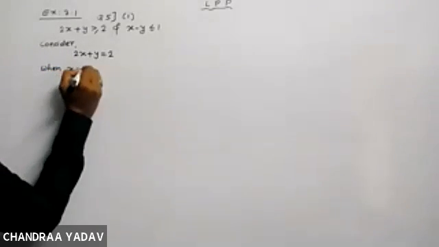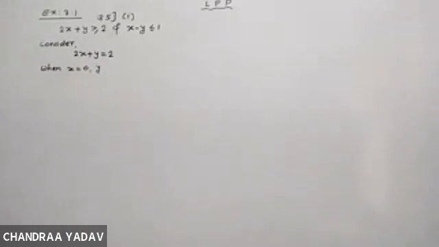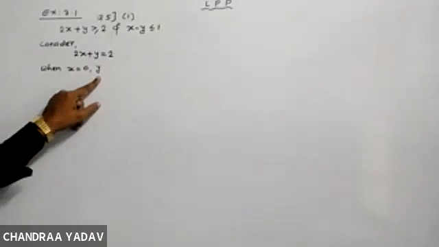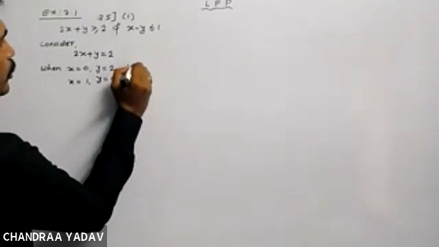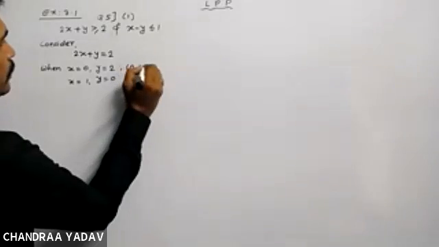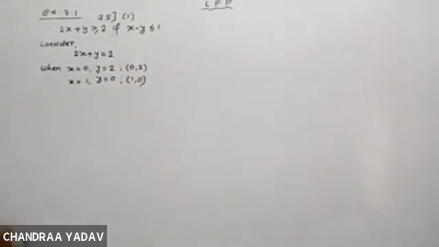When x is 0, y is, please involve yourself and answer. When x is 0, then y is 2. Very good. When y is 0, then x is 1. Very good. So the points through which the line will pass are (0, 2) and (1, 0). Is it clear?